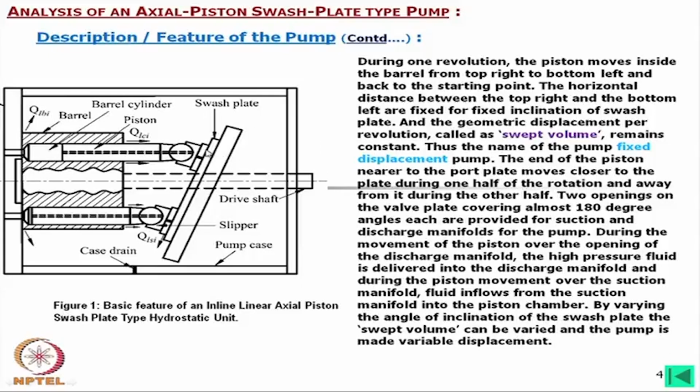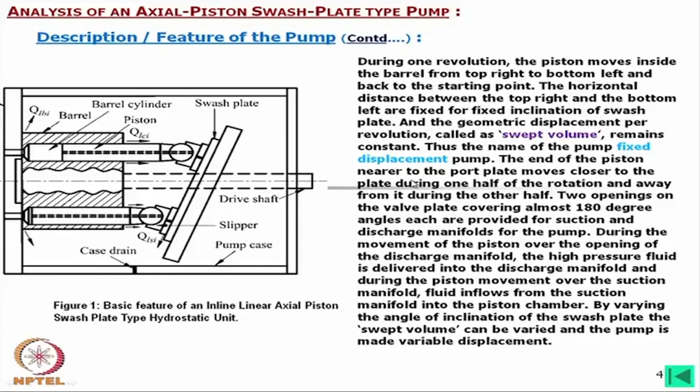The geometric displacement per revolution, called the swept volume, already defined, remains constant for a constant tilting angle of the swash plate. Thus, the name of the pump: fixed displacement. When this remains fixed, we call it fixed displacement.